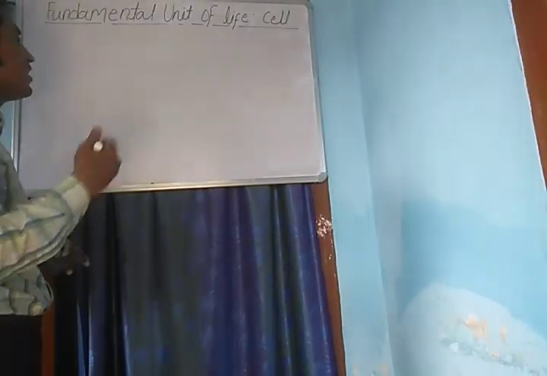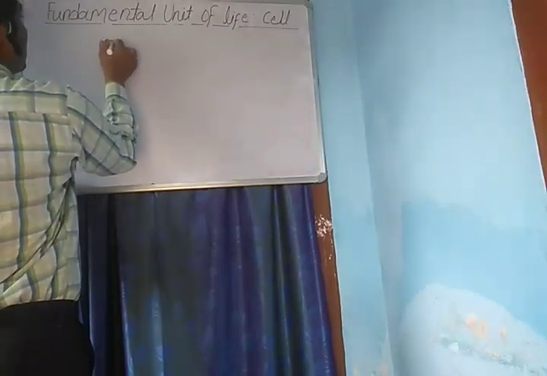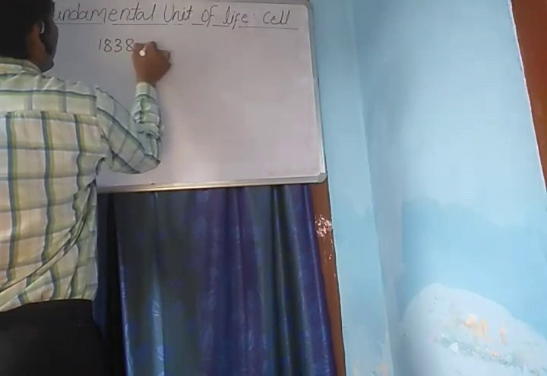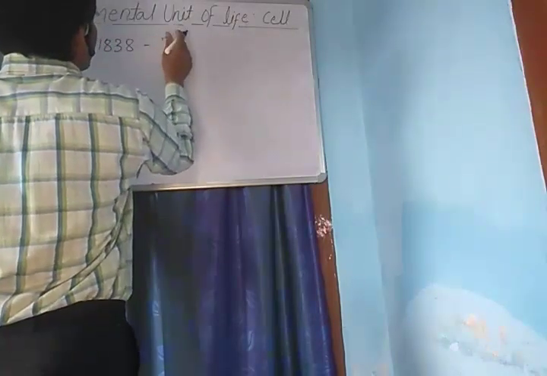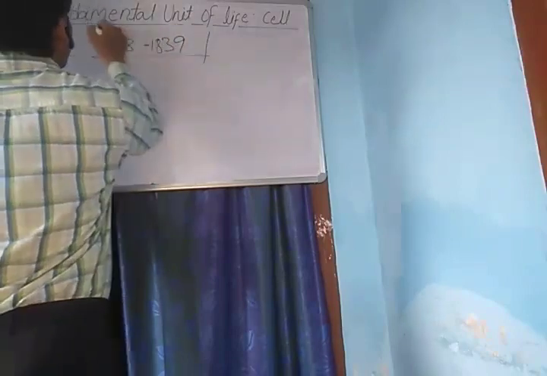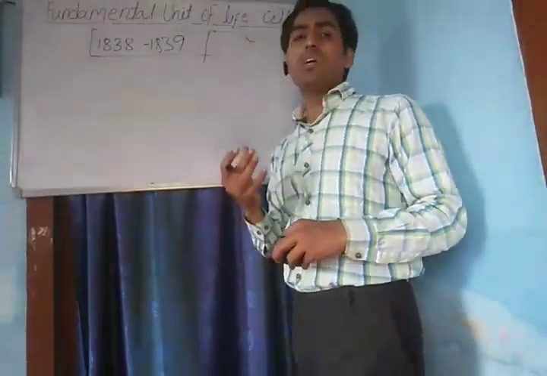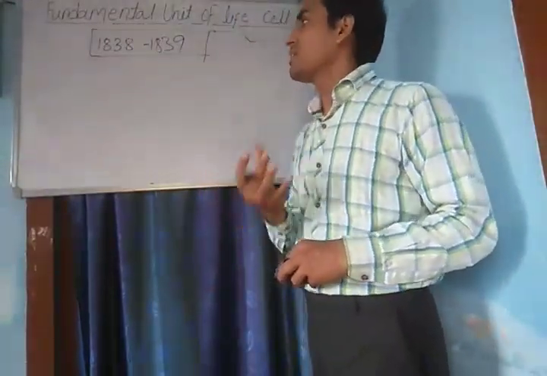So in 1838 and 1839, that was a great time for the cell theory. That means new study on cell.